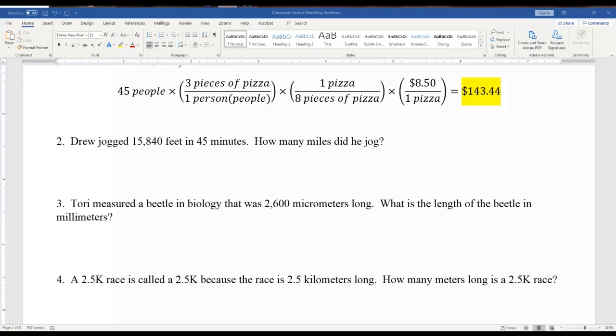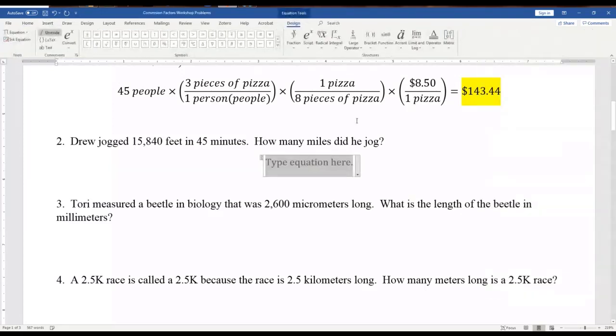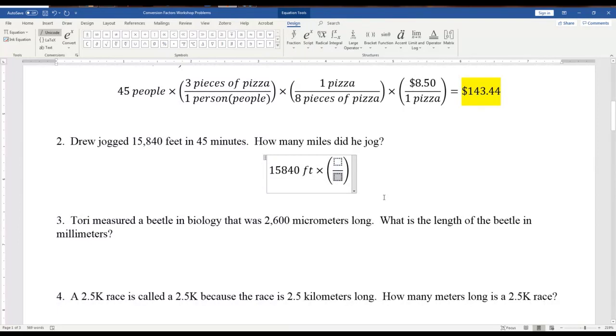All right, cool. So looking at this, as you just said, we're going to start with 15,840 feet. It says how many miles did he jog? So what unit goes on the bottom here?